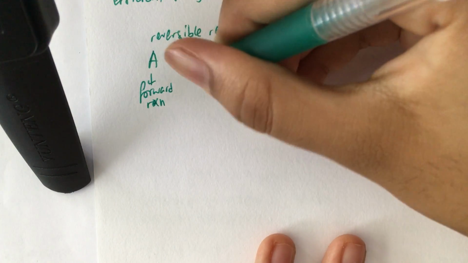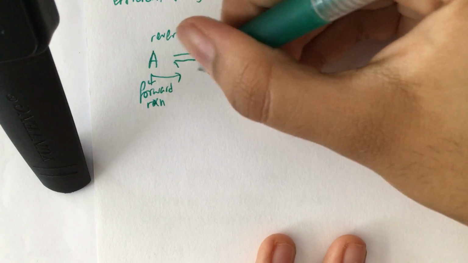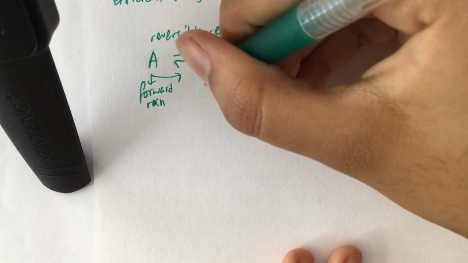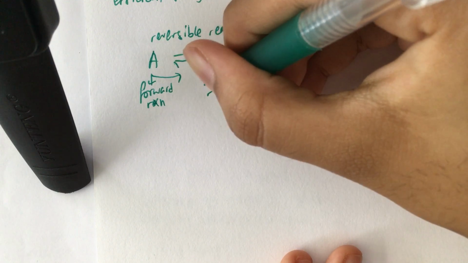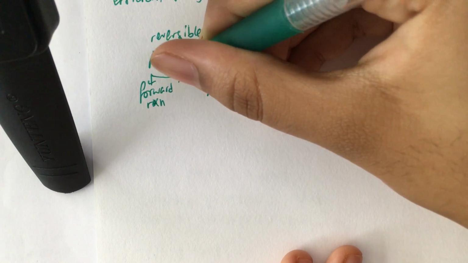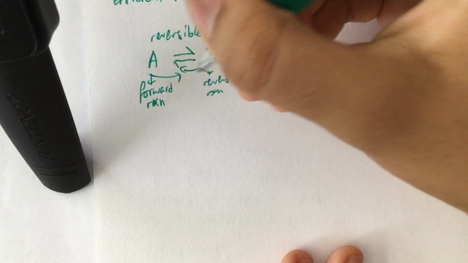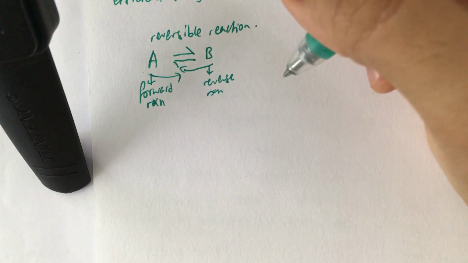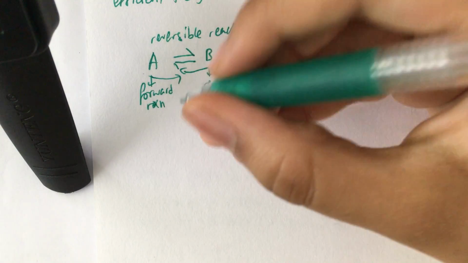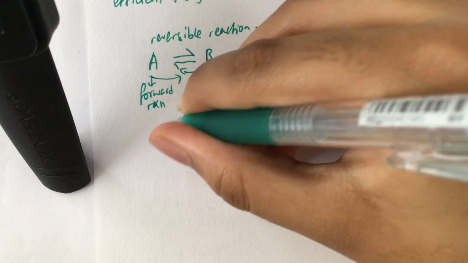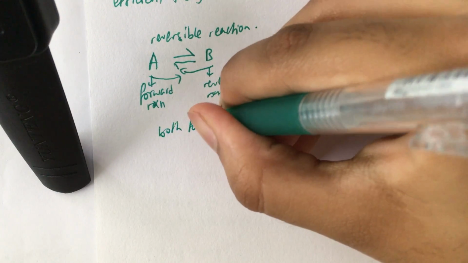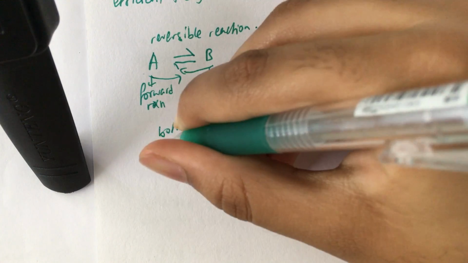It's just that the reverse reaction most of the time is very non-spontaneous, so it doesn't happen. But for the reversible reactions that do have a clear reverse reaction, it's usually because the reverse reaction is somewhat spontaneous or happens easily enough for it to be visible.